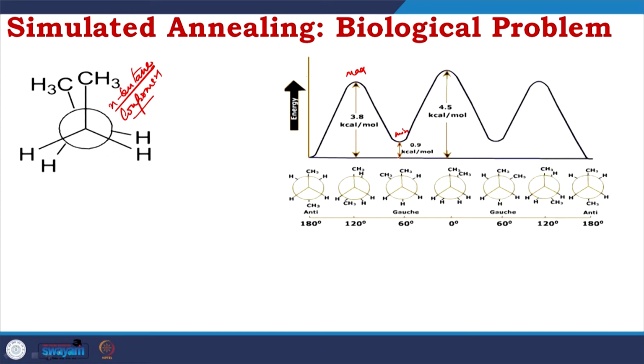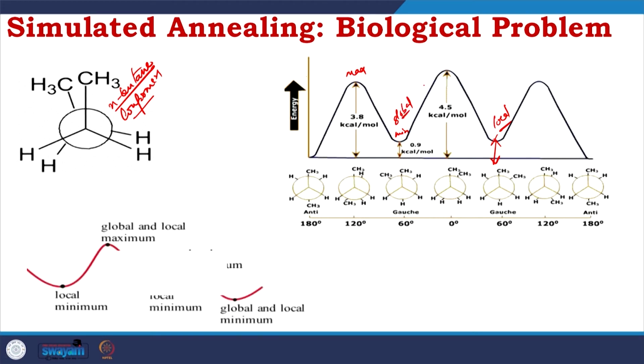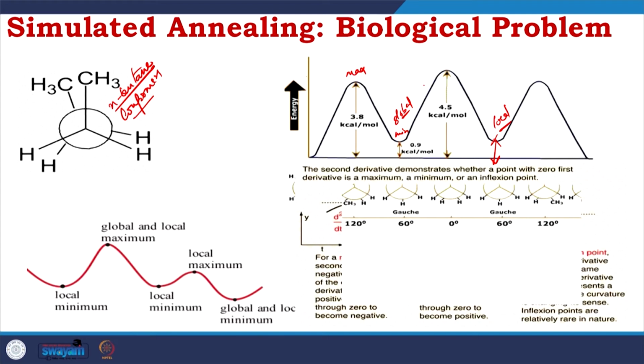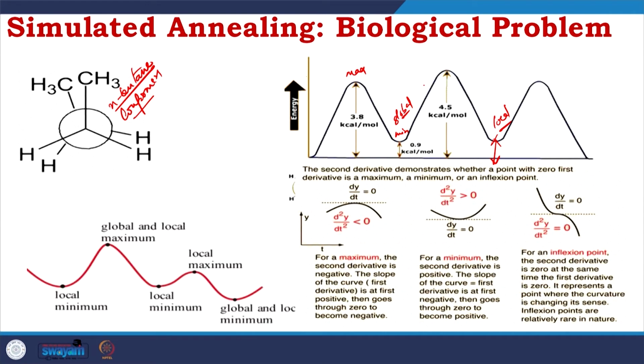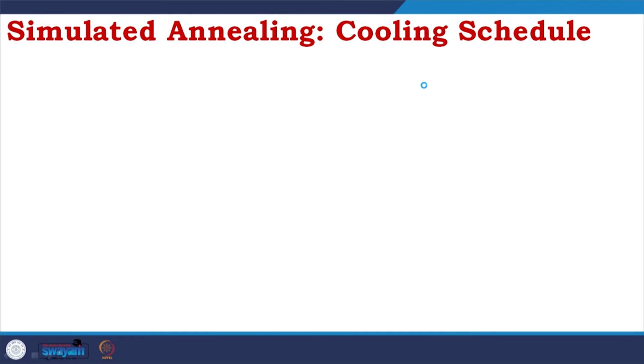See, this minima is lower than this. So, if this is local, this is global. So, as I told, global and local maxima, local minima, global minima, you get them, and this is the process I already talked about.